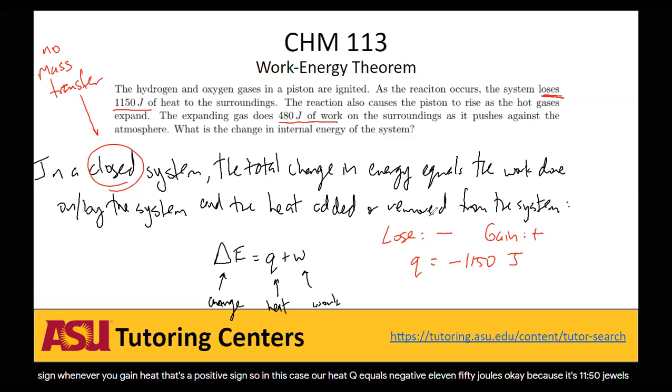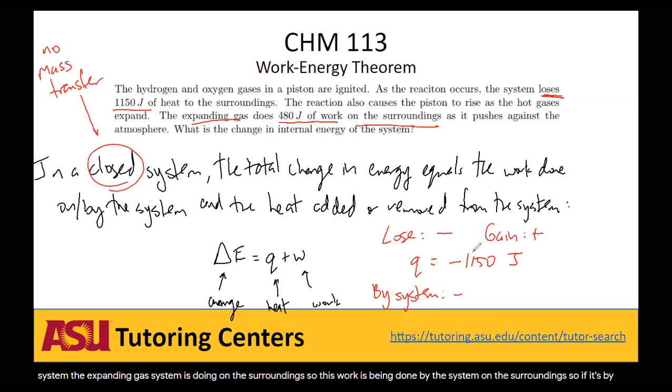Okay, and now let's look at work being done on the system. So we have 480 joules of work that the system, the expanding gas system, is doing on the surroundings. So this work is being done by the system on the surroundings. So if it's by system, that's negative, because the system is pushing this work out into its environment.